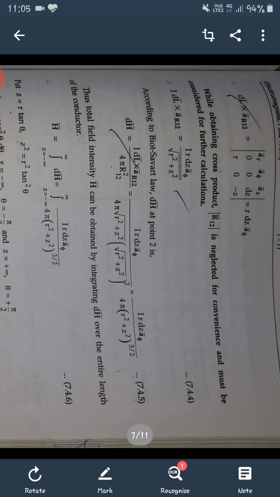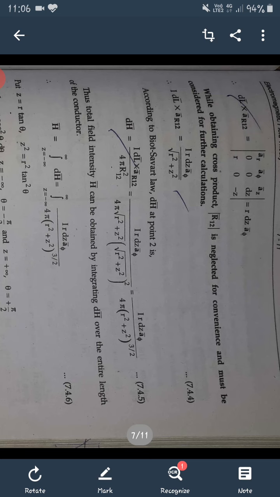Now take the cross product of dl and ar12. It is a cylindrical coordinate system, r, phi, z. The dl vector coordinate is dz. It does not have any r component or phi component, and only has a z component. And the coordinate of ar12 we have already seen is r 0 minus z, so the cross product equals r dz a phi cap.